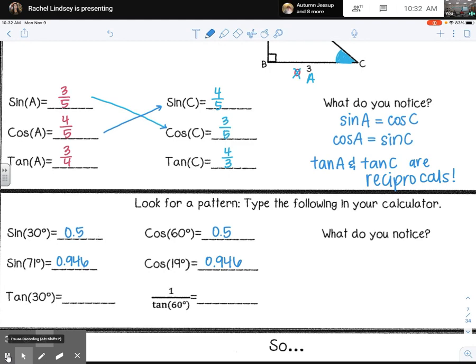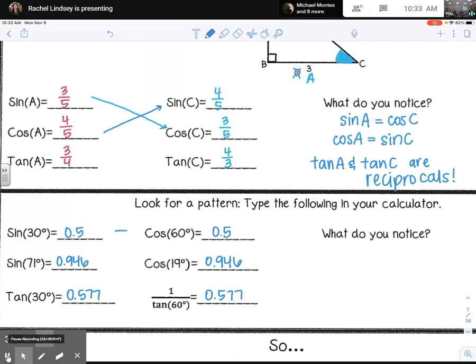Square root of 3 over 3. And as a decimal, 0.577. And then if you hit the little fraction key, you can do 1 over tangent of 60. And it should give you square root of 3 over 3, or 0.577.